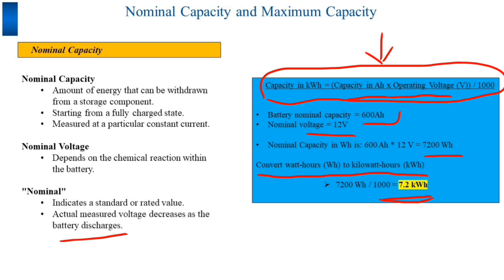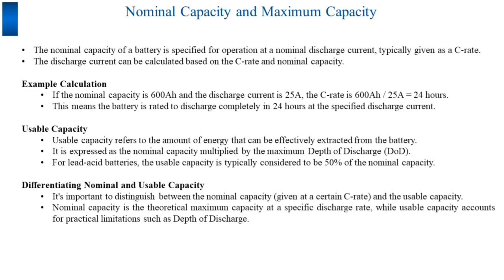So what about the discharge current? The discharge current, or the rate at which the battery is drained, is also important, because the nominal capacity is usually provided at a specific discharge rate, which is sometimes denoted as C rate.